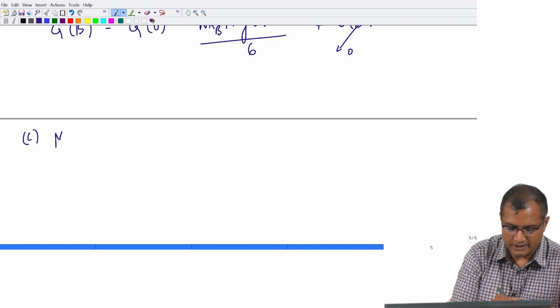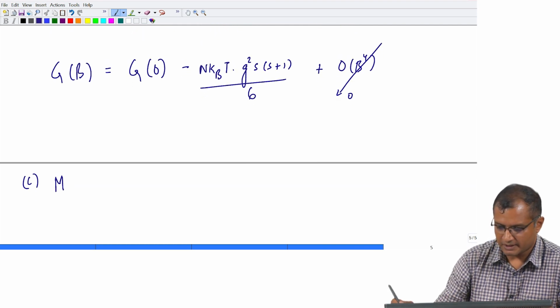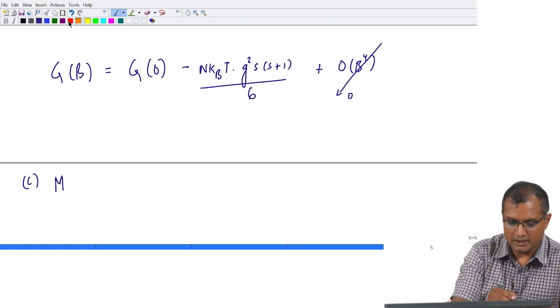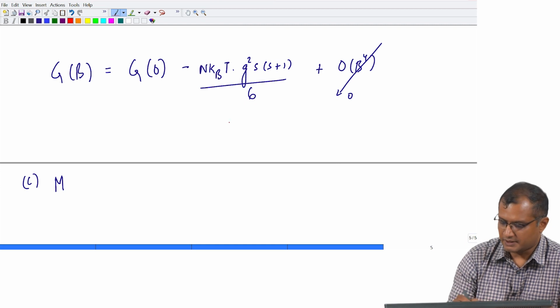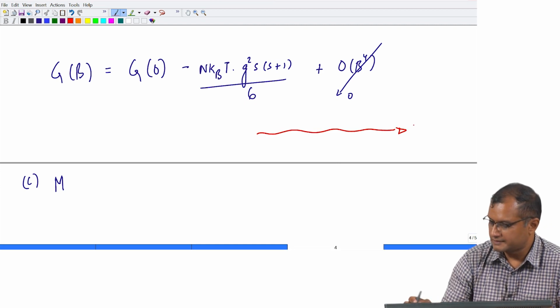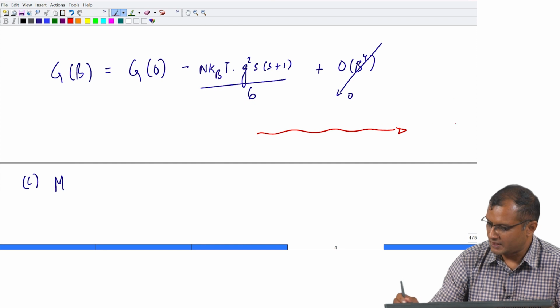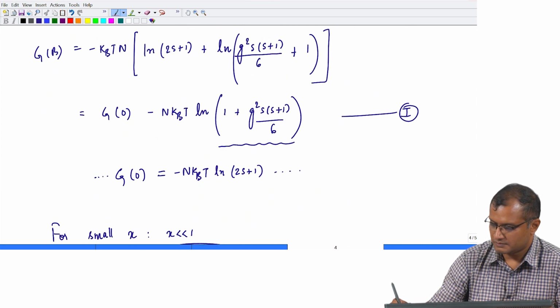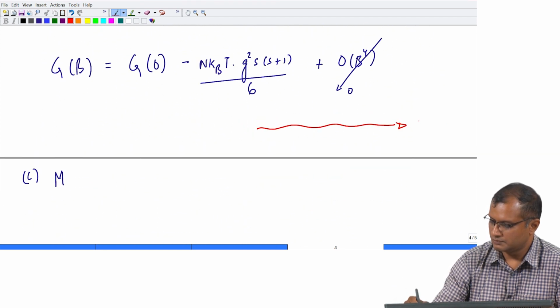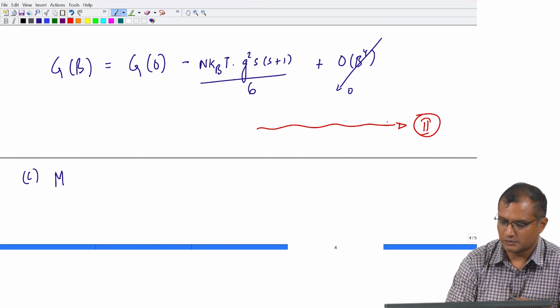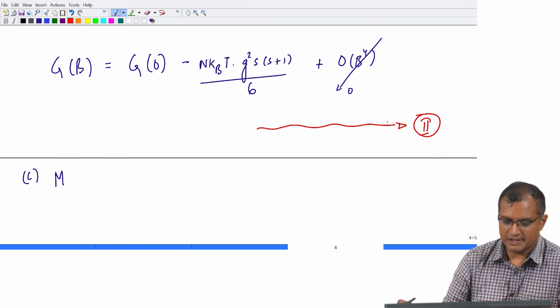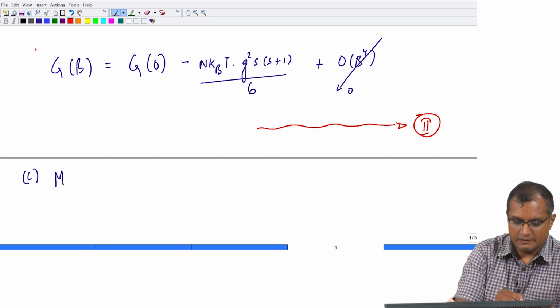The magnetic susceptibility can now be computed by looking at this very important expression that I have derived. I am going to call this equation 2. So, this is the value of the Gibbs free energy.